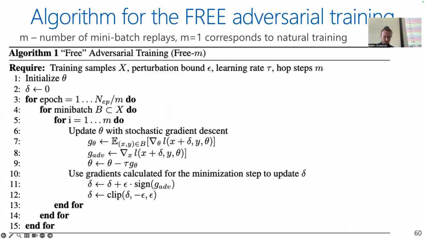So by training the model with this more challenging example, I think you can make the model more robust. This is how I would interpret this training, free versus standard adversarial training.